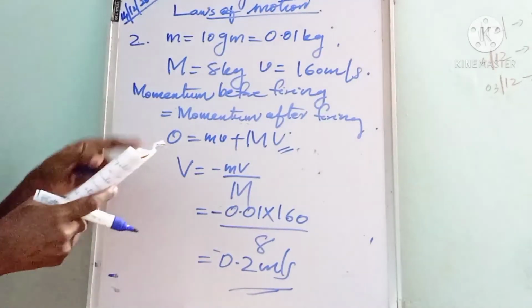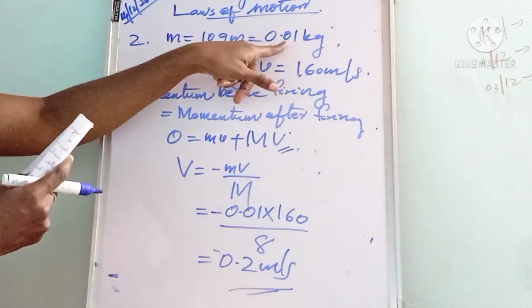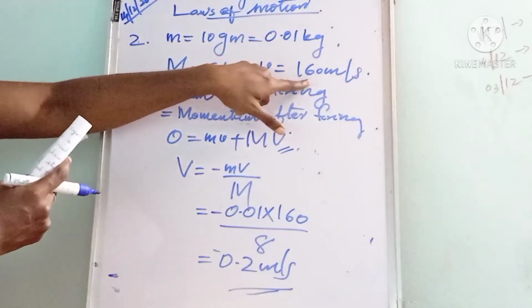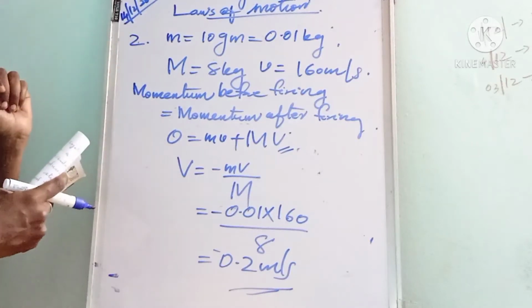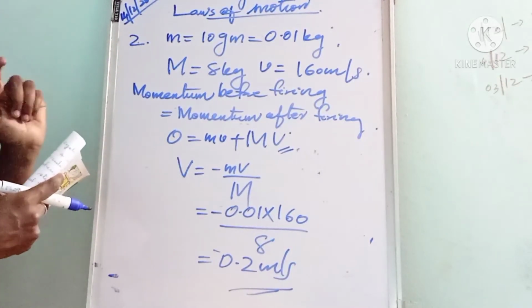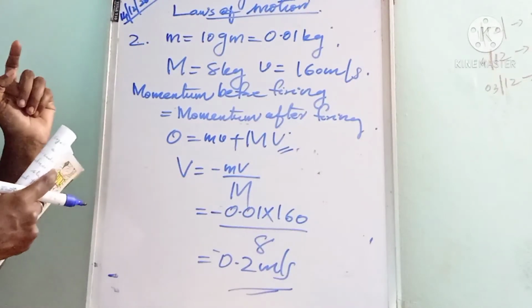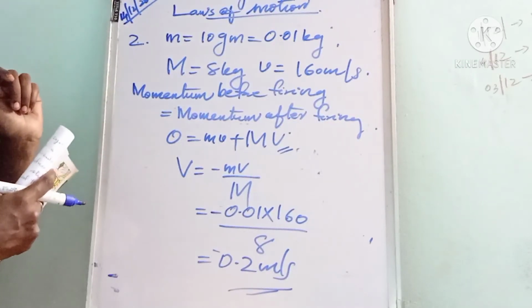Here we have a bullet of mass 10 gram. In kilogram it is 0.01 kilogram and it moves with a velocity 160 meter per second, and the mass of the gun is given as 8 kg. We have to find the recoil velocity of the gun. For that we apply the law of conservation of momentum: momentum before firing is equal to momentum after firing.